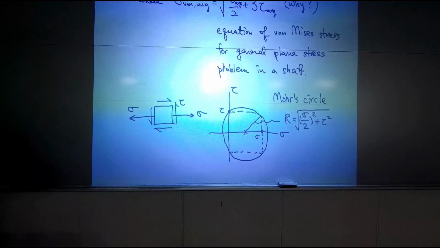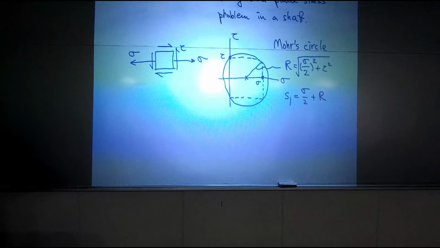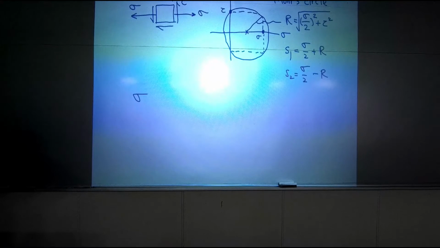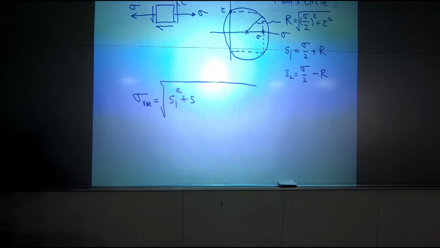And your S1 equals to half of your sigma plus your radius. S2 equals to half of your sigma minus the radius. And if you plug into the equation of von Mises, at the end you will have S1 squared plus S2 squared minus S1 S2. Now I'm going to derive it.